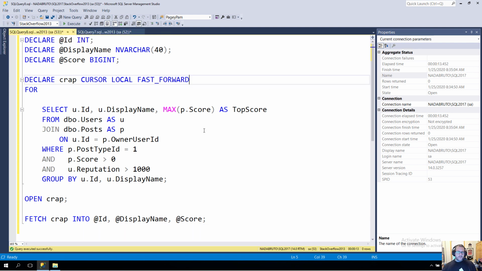So, this is the type of cursor that a lot of people will tell you to use, a local fast forward cursor. And if you look at the documentation for cursor options, you'll see that fast forward has some optimizations. What those optimizations are, we don't know. I don't think they're documented.